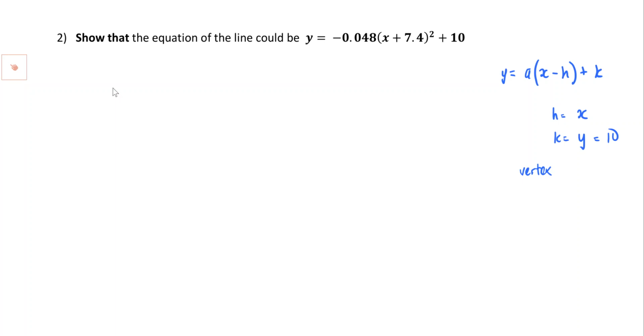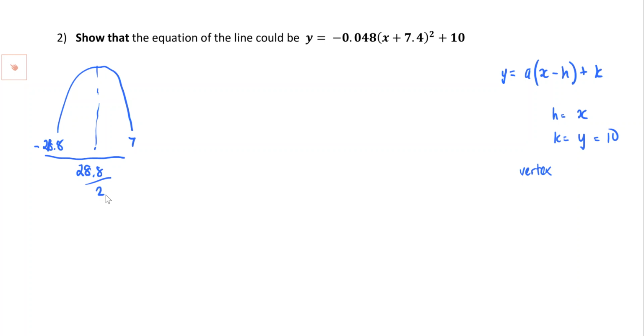So the vertex is in the middle of the curve, so you can just take the 14.4 and subtract it from 7 and get the middle. So sorry, that's not 20. That should be 21.8. So we've got the 28.8.